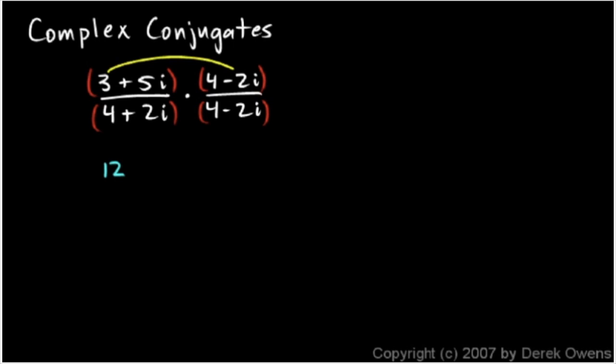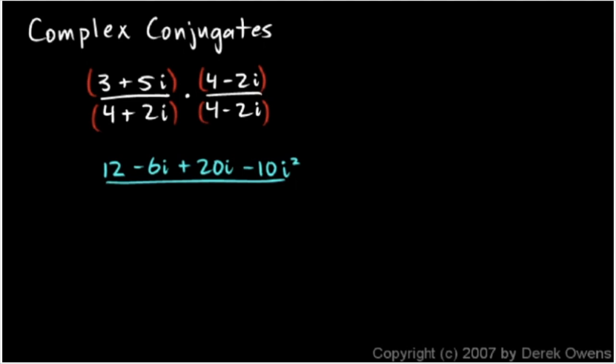And then 3 times minus 2i will give me a minus 6i. And then the inner, 5i times 4 is plus 20i. And then the last, I get 5i times negative 2i. That gives me negative 10i squared.